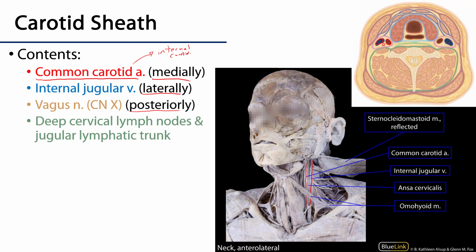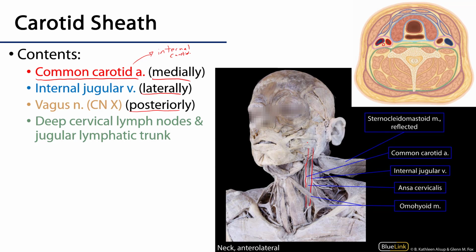If we think about this sheath extending up to the base of the skull, vagus and IJ are coming out of the jugular foramen. Think about what other structures are going to exit that foramen as well. So jugular foramen exiting the skull, cranial nerves 9, 10, and 11. Glossopharyngeal, vagus, and accessory nerve. So glossopharyngeal and accessory nerves are going to exit the skull within the carotid sheath and then exit from the carotid sheath.